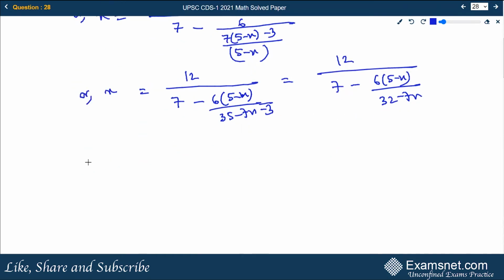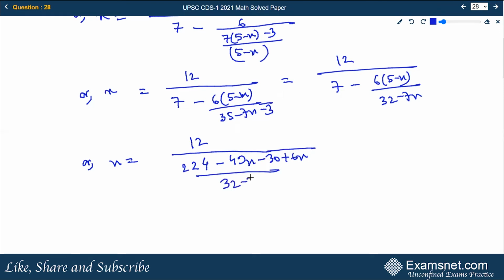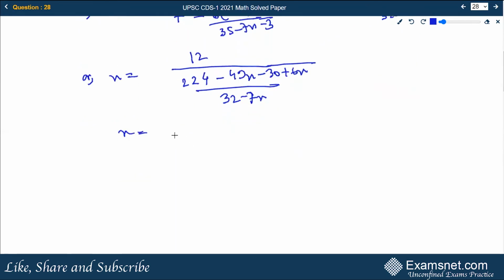I can write it as x equals 12 by 7 into 14, 22 minus 49x minus 30 plus 6x by 32 minus 7x. Also x equals 12, 32 minus 7x.